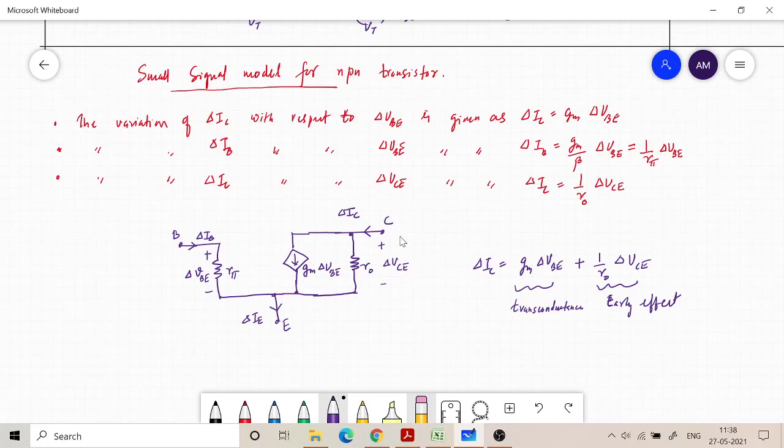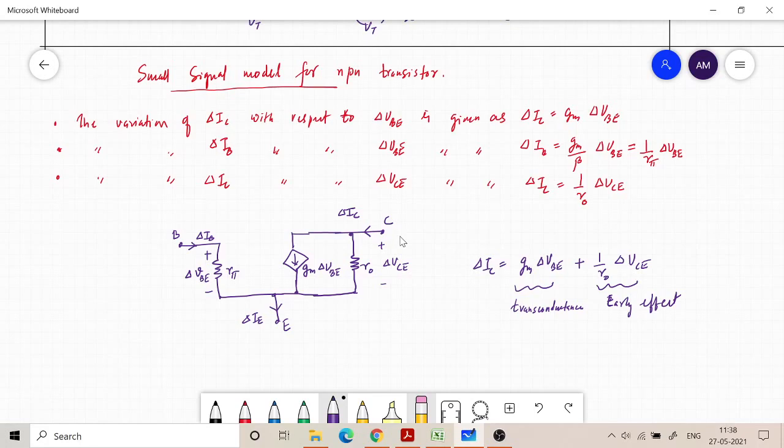There are two ways in which IC will change. The terminal current IC is going to be changed by a factor delta IC. One is due to the variation of input voltage, given by GM into delta VBE, and the other is due to the variation of output voltage delta VCE, which is given by delta VCE by R naught.